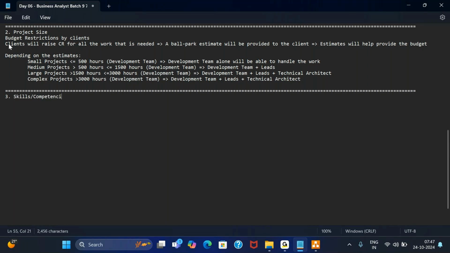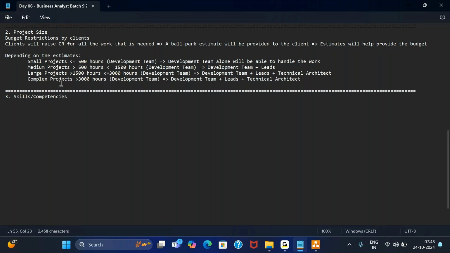Okay. Now getting back to our topic, the last topic for the day is skills or competencies that are required as a BA. Now we all talk about the work that a BA does, that you have to interact with multiple people, whether internally or externally. You have to build some good documents.